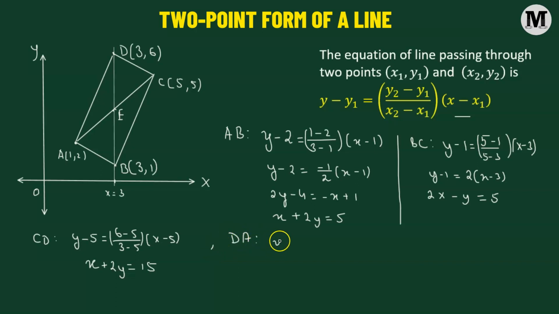So here we will have y minus y1. So we're going to consider y1 as 2 equals to the difference of the y coordinate divided by the difference of the x coordinate 3 minus 1 whole multiplied to x minus x1. So rearranging the terms, we're going to get the equation 2x minus y equals to 0. So we have successfully obtained the equation of all the sides of the given rectangle.